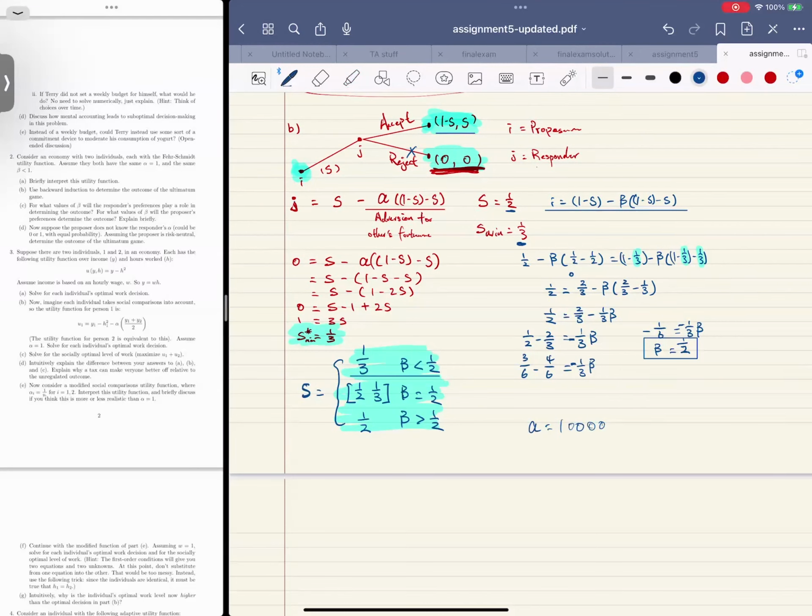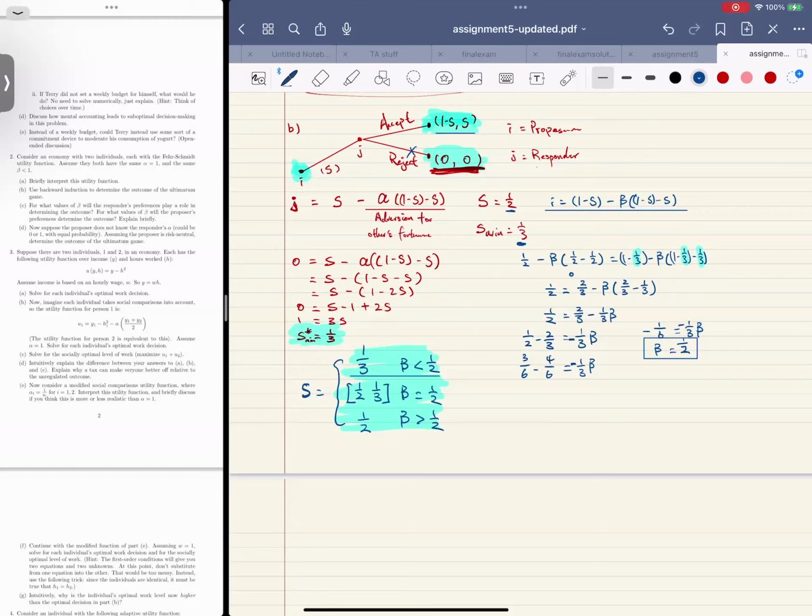I haven't tested this really edge solution yet, but with an alpha of 100, I think that would be bizarre. You would reject every single offer, no matter how much I give you.